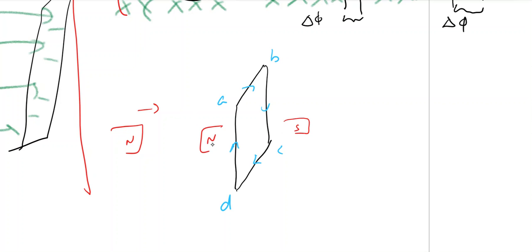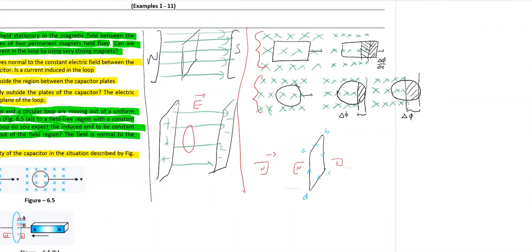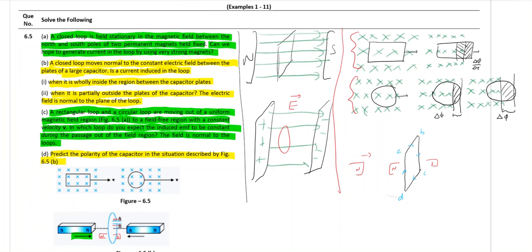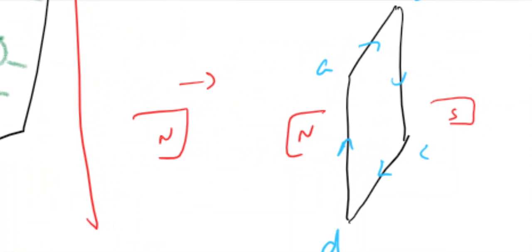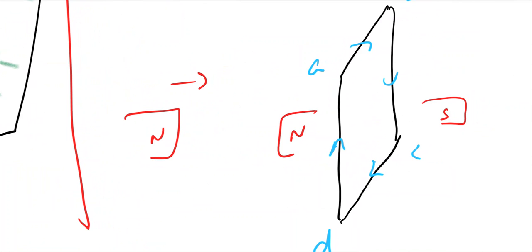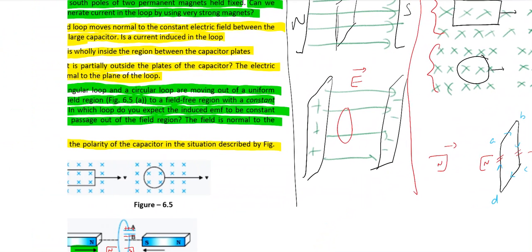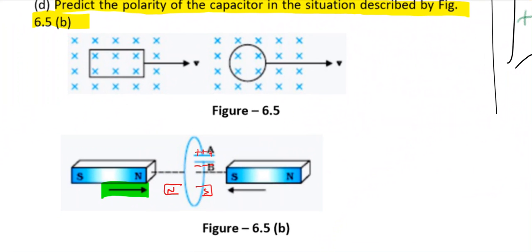As north is approaching, the loop will try to oppose the change, and for that the left side has to be a north pole. Now you can place the capacitor anywhere, maybe here or here, and you can determine whether the upper plate will be positive or the lower plate negative. As far as the answer here is concerned, A is positive, B has to be negative, then only it will be able to oppose the external change.